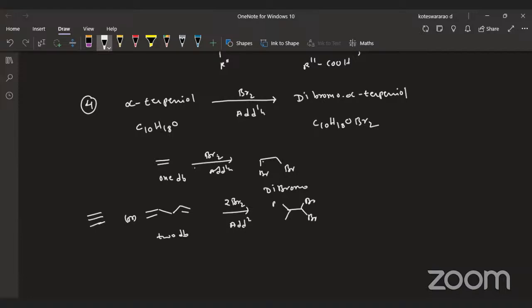If it is an alkyne, a triple-bonded compound, it leads to this kind of tetrabromo product. Or if it has two double bonds, the two double bonds undergo the addition reaction that leads to a tetrabromo product like this. Both are tetrabromo products.